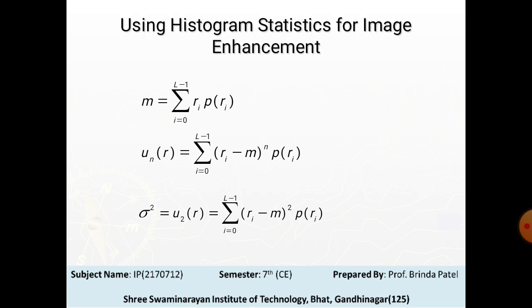As indicated previously in this section, we may view p(r_i) as an estimate of the probability of occurrence of gray level r_i.